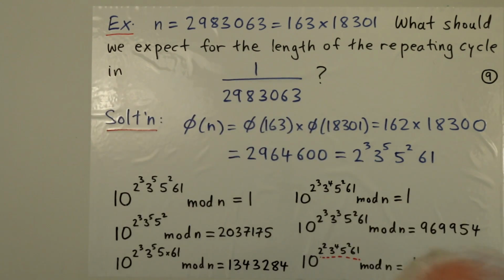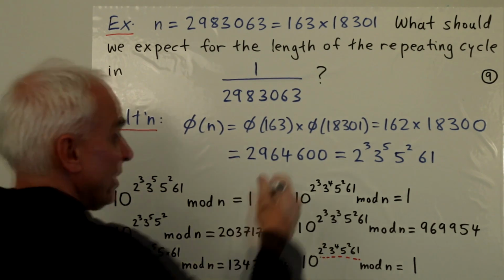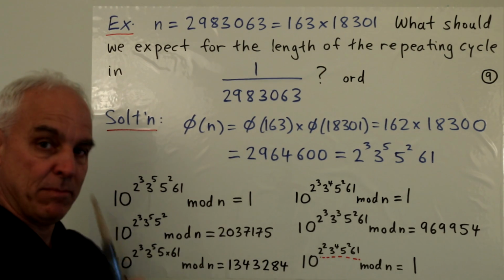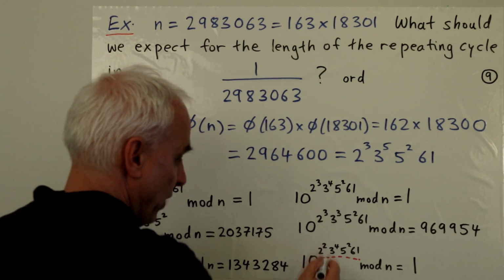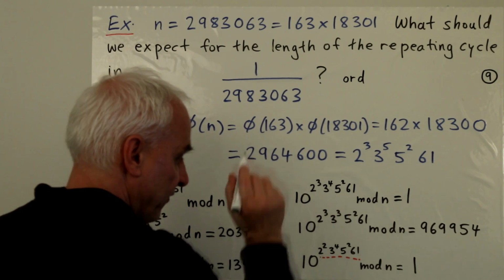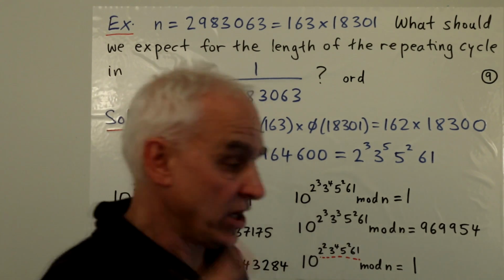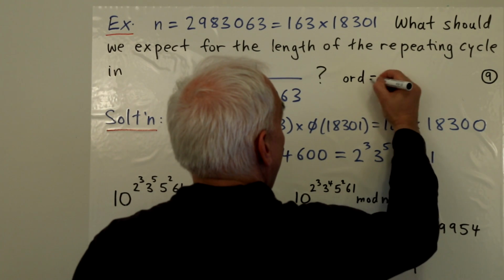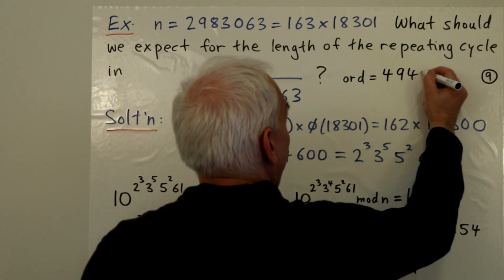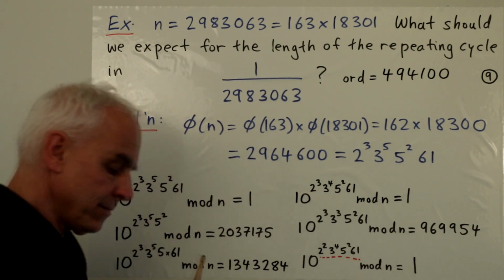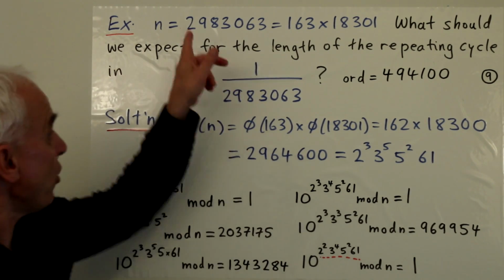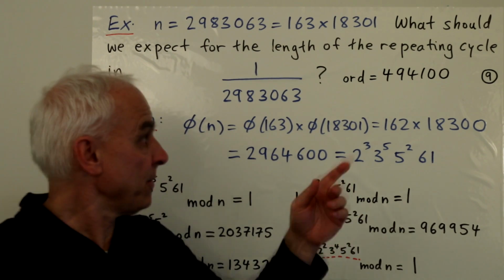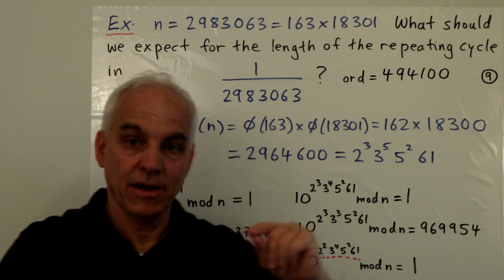And that's telling us that the answer to our original question is that the order we're looking for, or the length of this repeating cycle, will be 2 squared times 3 to the 4th times 5 squared times 61, which is 494,100. Telling us that if we look at 1 over this number, that's going to repeat with a period of 494,100.